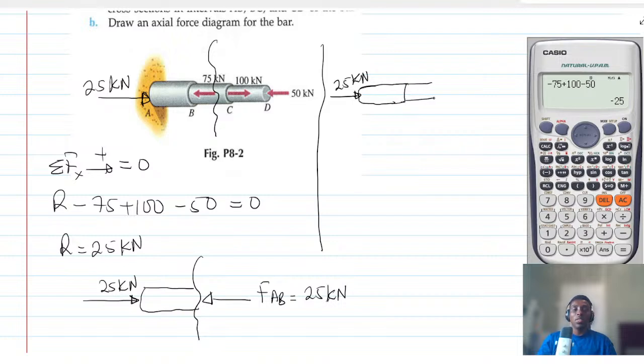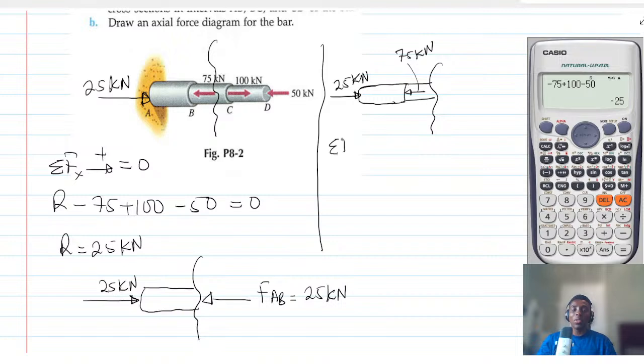Don't forget that there is a force which is coming here already, and that force is 75 kilonewtons.